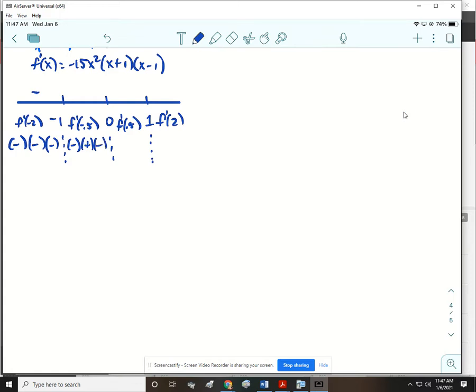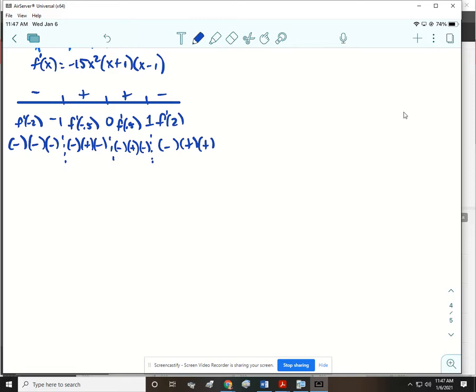So a negative times a positive times a negative is a positive. Okay, so that's my sign chart.